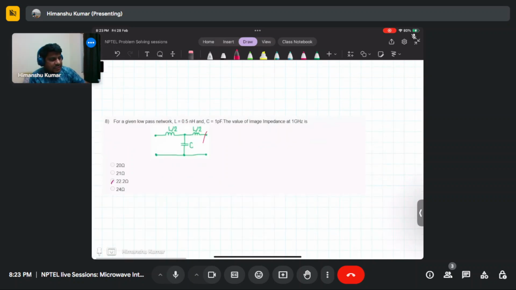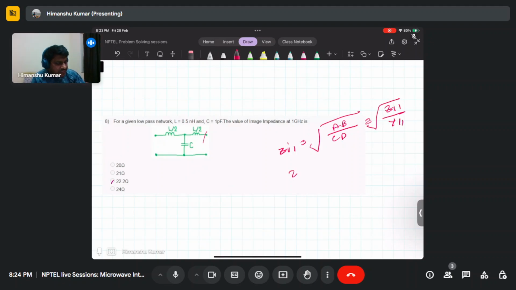For a network, Zi1 at the first port can be written in terms of ABCD parameters as the square root of AB by CD, which equals Z11 divided by Y11. Similarly, Zi2 is BD by AC, which equals Z22 by Y22.